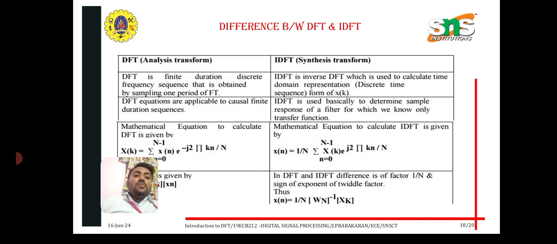IDFT is used basically to determine the sample response of a filter for which we know only the transfer function. And already we know the mathematical equation of DFT and the mathematical equation of IDFT. These are the main differences between DFT and IDFT.